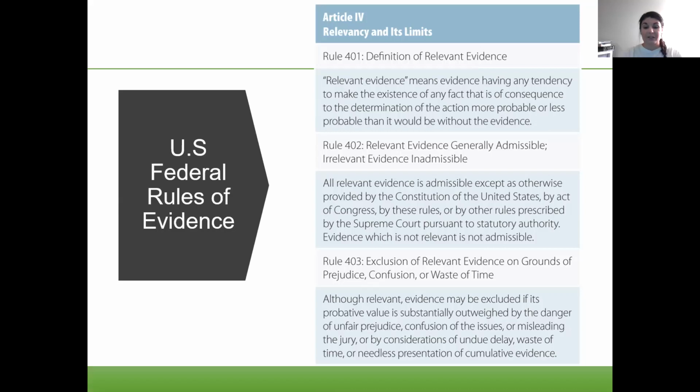Basically, don't waste the court's time. Don't put forward evidence that can sway people one way or another. Evidence should be factual.